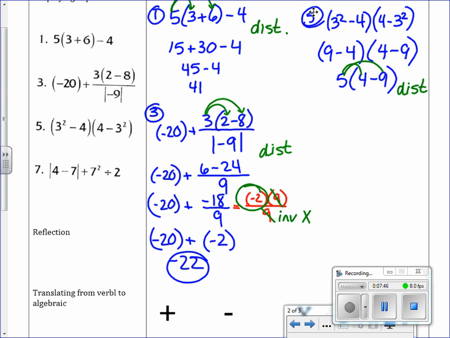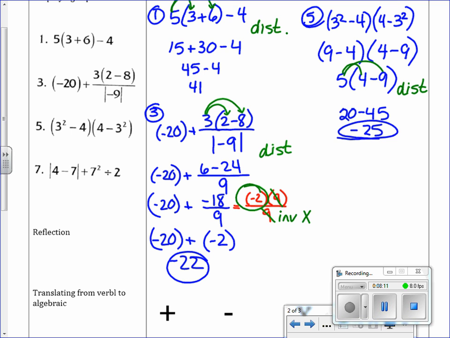It's just a method of doing it. I'm not saying this is the best method. I just want us to be able to see how properties are used when we solve expressions, equations, and so forth. So I have 20 minus 45, and I end up with negative 25.